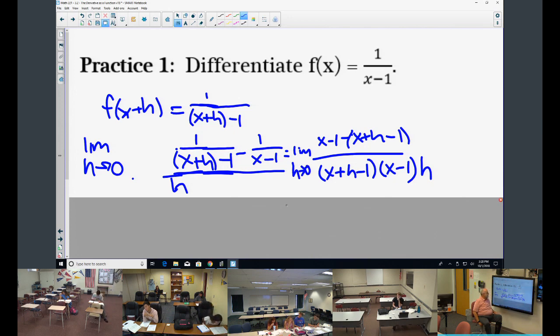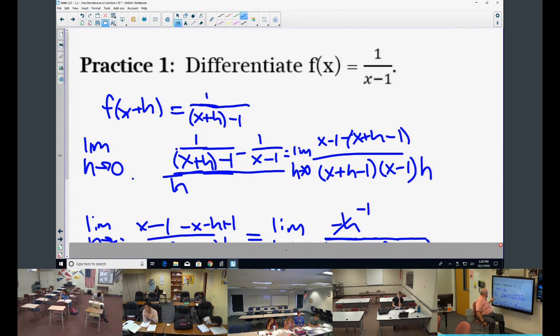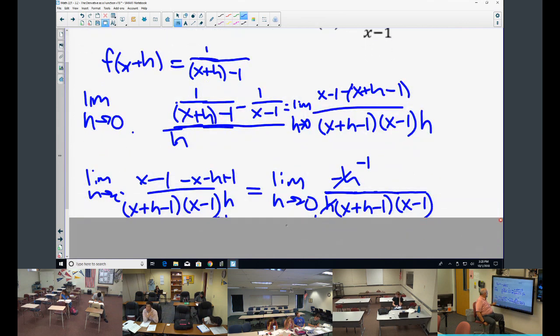Now when you distribute the negative on the top, you're going to get x minus 1 minus x minus h, and then minus a negative 1 becomes plus 1. Then the x's cancel, the 1's cancel, so all you have is negative h left on top.